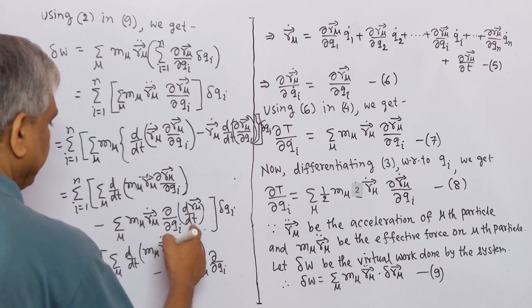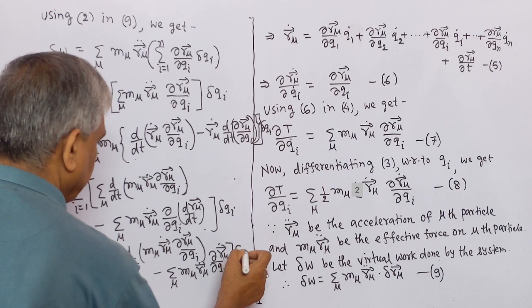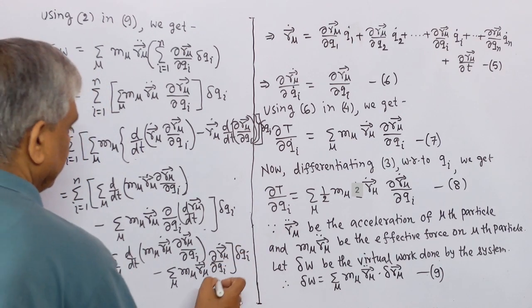Here d r mu by dt is r mu dot, bracket close delta qi. This is number 10.